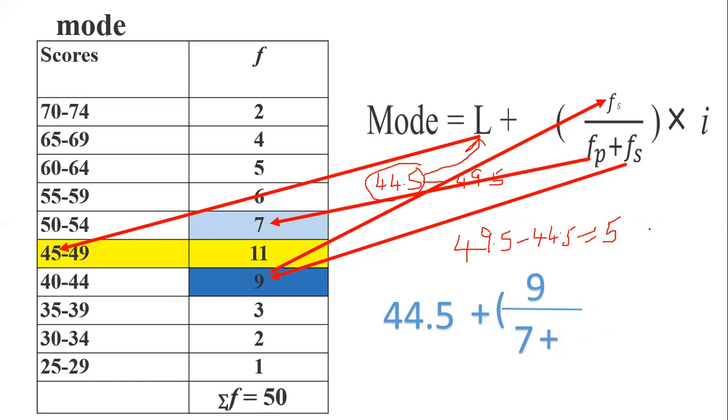We can go back again to bring it back. Our lower class boundary is 44.5. So that's what we write, 44.5 for the modal class, plus we open the bracket, we put the succeeding class from the modal class, which is 9, on the numerator, and on the denominator we have 7 plus 9. Then we close the bracket times our class interval, which is 5.